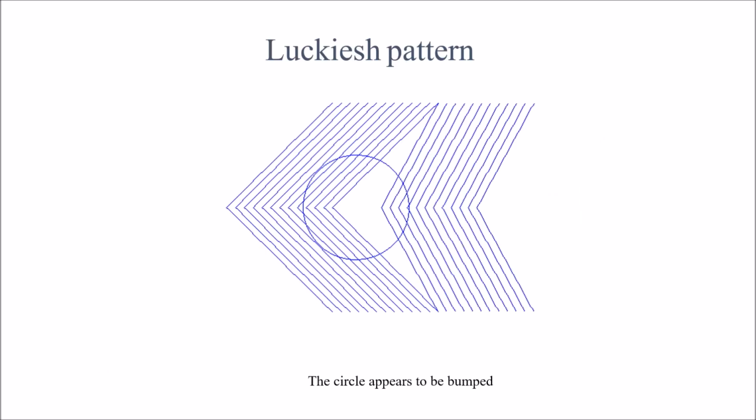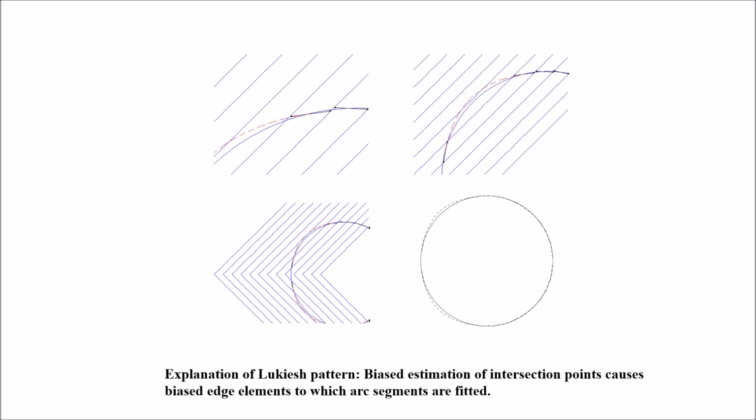And this can explain, for example, the Lukic pattern, where a circle on top of tilted lines appears to have a bump on the left side. This is because the intersection of the tilted lines with the circle is computed incorrectly. Now, if we fit splines to this incorrect intersection, we get this bumped circle as perceived.